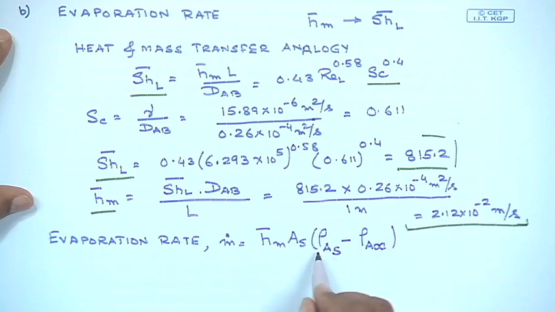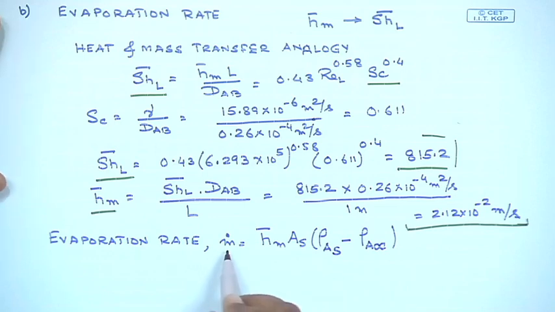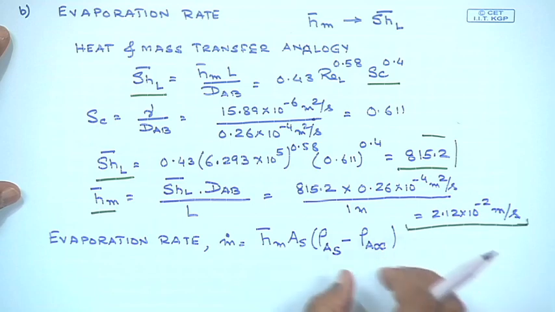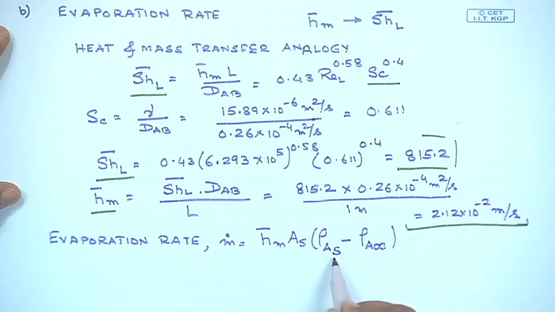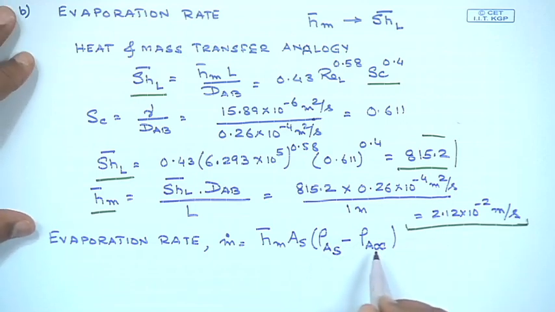This is the standard formula equivalent to that of Newton's law of cooling, where the mass flux is expressed in terms of a convective mass transfer coefficient, the surface area, and the difference in the species concentration at the surface and at infinity.